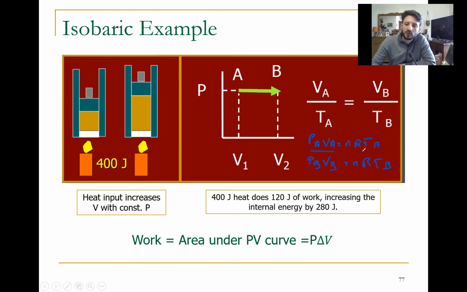If we divide one by the other at constant P, with constant nR, we finally get VA divided by VB equals TA divided by TB, or VA over TA equals VB over TB. We can here also, let me write PA VA equals nRTA.